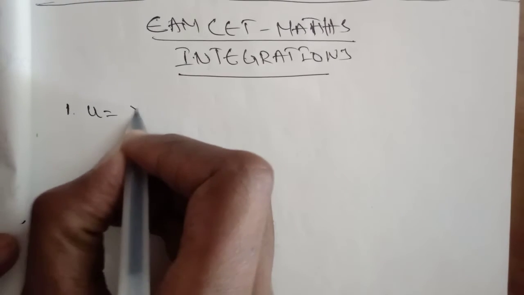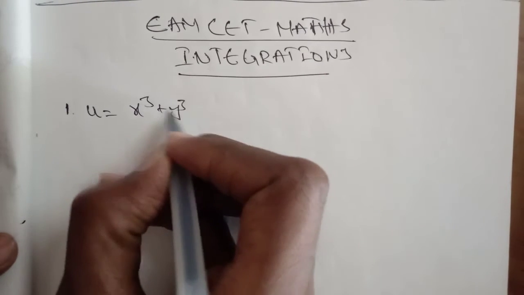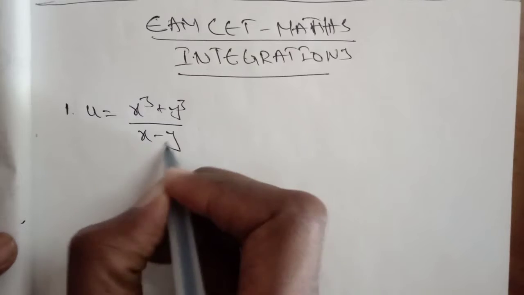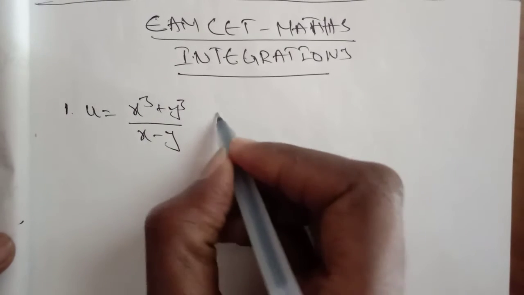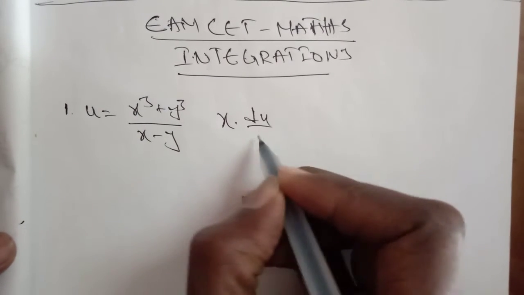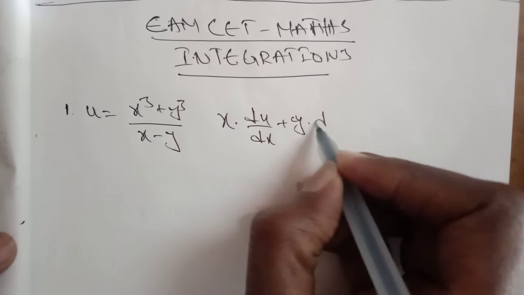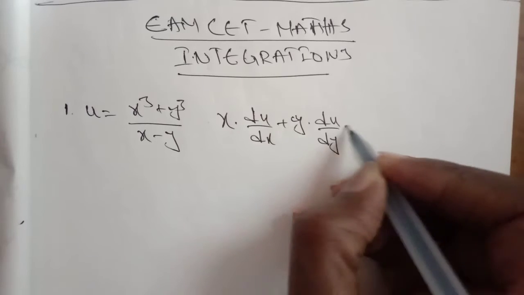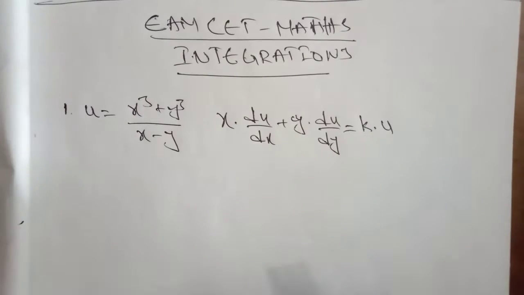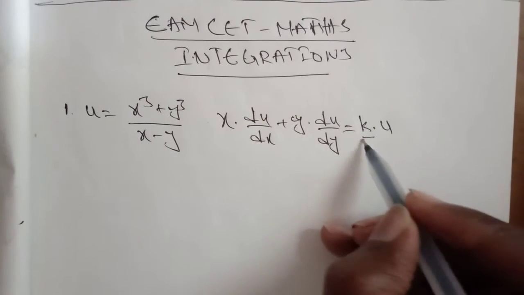u equals to (x cube plus y cube) by (x minus y), and he stated that x du by dx plus y du by dy equals to k into u. Then find the value of k.